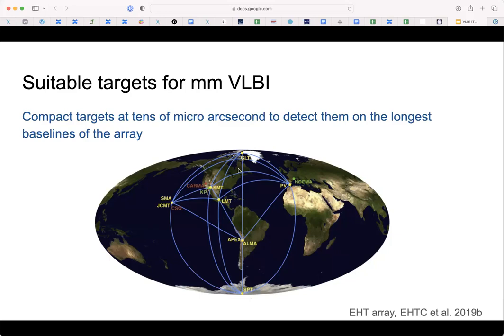If you know already that your target will be resolved, you should write that in your proposal, and you should argue why, even if it's resolved on the longest baselines, you still have enough signal, and the science is interesting enough to use the mid baselines. So these are considerations that you need to take into account.